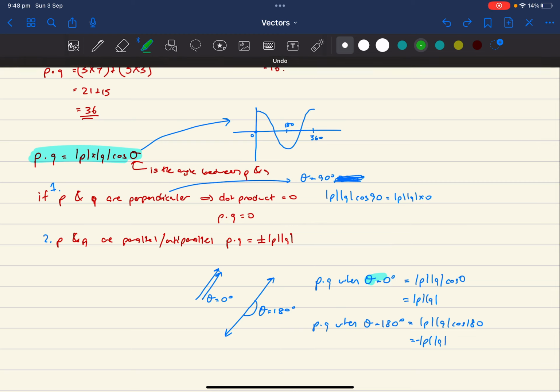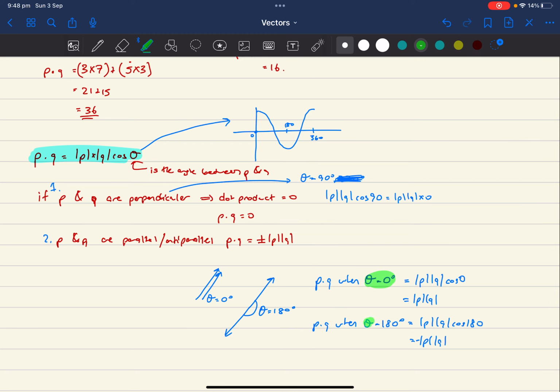So that's where you get these few formulas from. And cos 90 is 0, so the dot product equals 0.